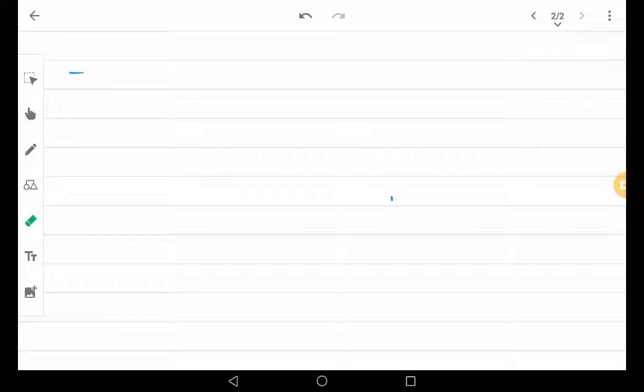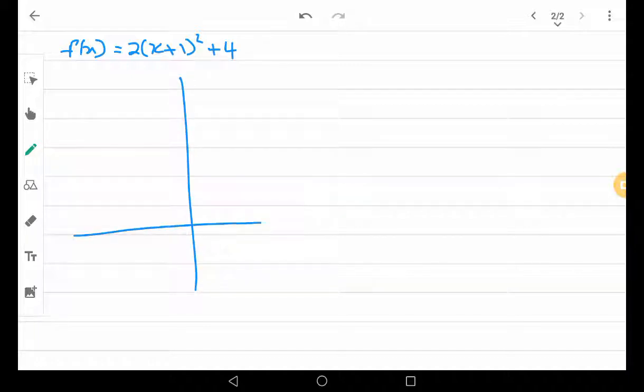So let's say we have this graph, which gives f of x equals 2x plus 1 all squared plus 4. Then the sketch is like this.